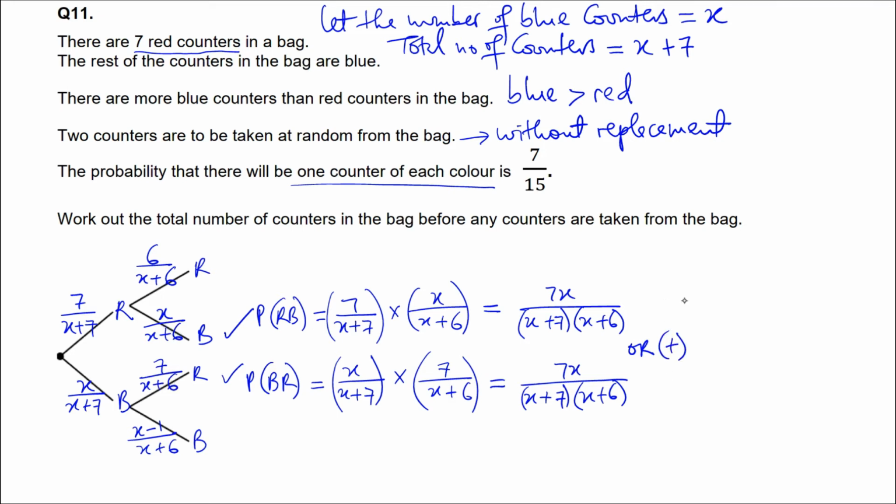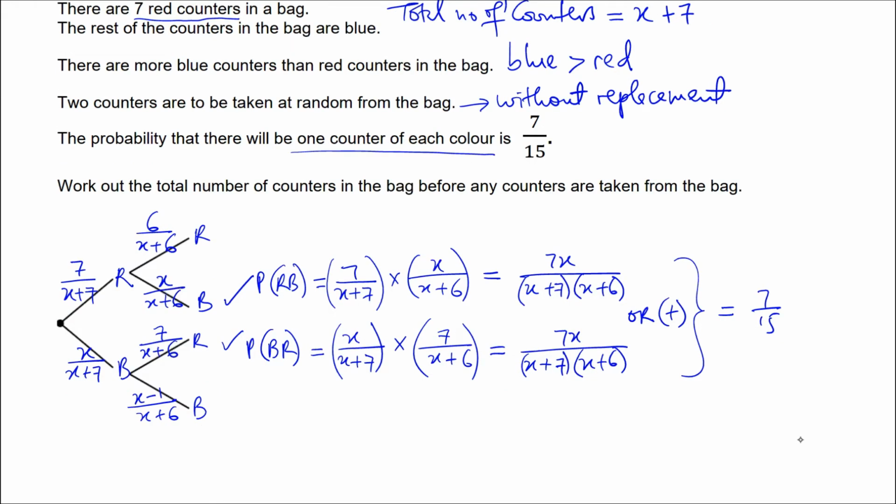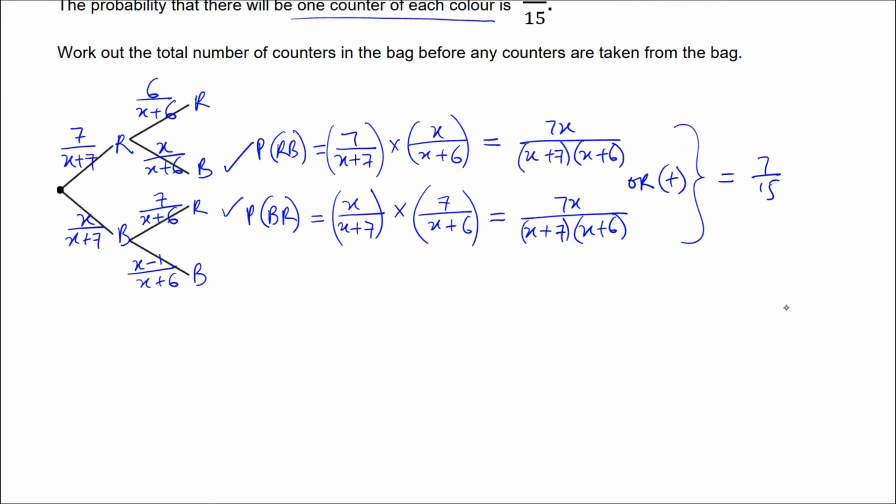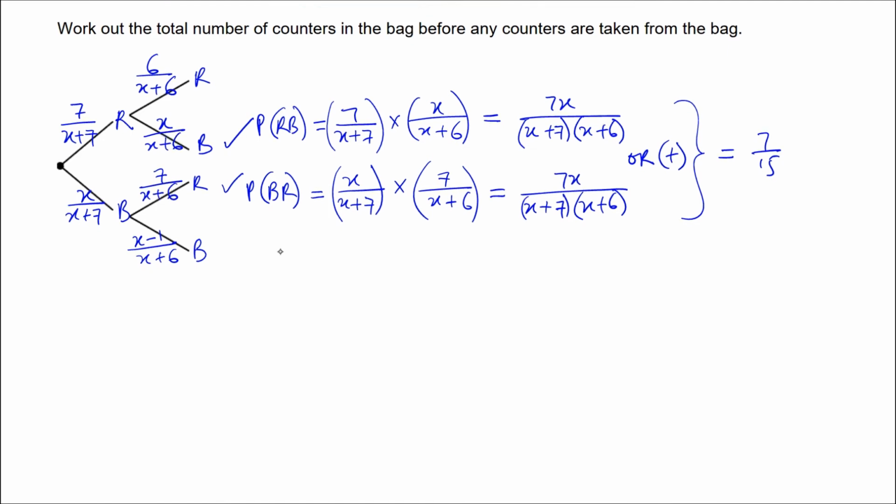So basically we add these, and the sum should be equal to 7 over 15, because that's the probability given here for one counter of each color. So what we're going to do next is add these two together, form an equation and solve for x.